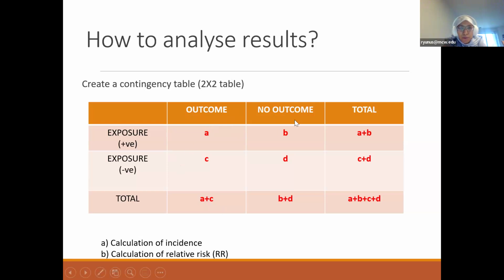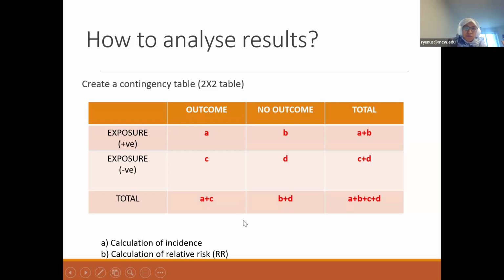The first two columns, you have outcome and no outcome. And the first two rows are still the same: exposure positive, exposure negative. And you still put here A, B, C, and D, okay?